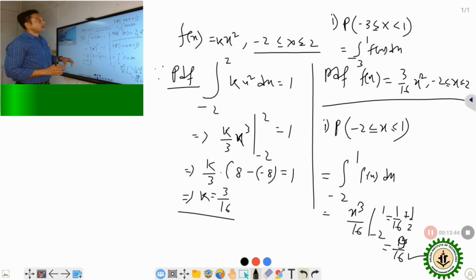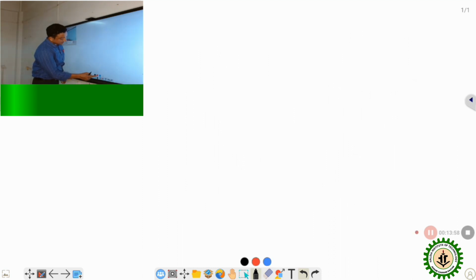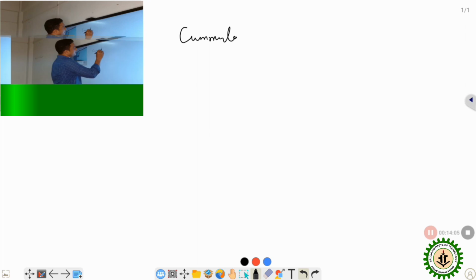The same thing happens when the upper limit crosses 2: you have to stop at 2. If you remember these two things, you can easily find the probability when a PDF is given to you. Next, we are going to discuss the distribution function, often written as the cumulative distribution function.